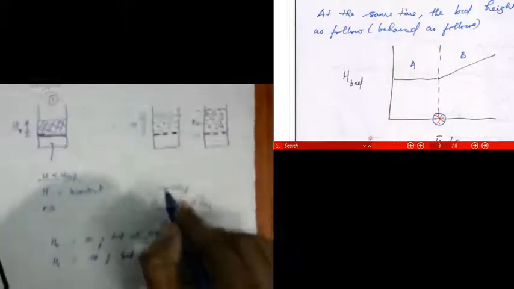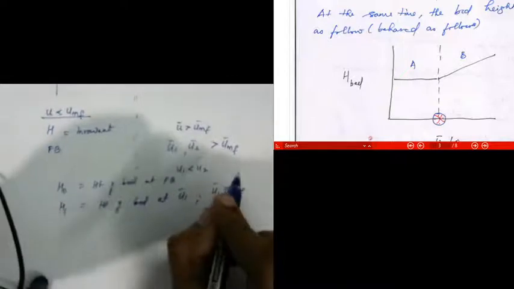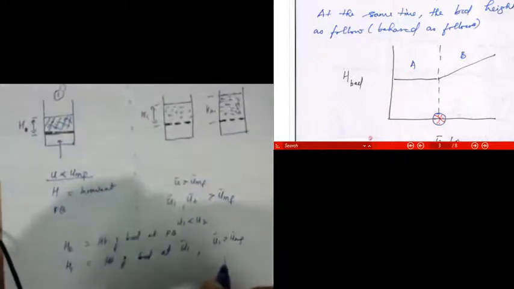All these are average velocities, or superficial velocities based on the empty cross-section area of the bed, so that's why I put U bar. That means flow rate divided by the empty cross-section area of the bed.